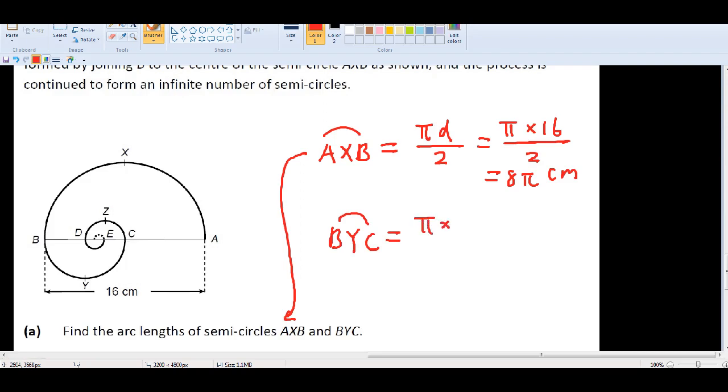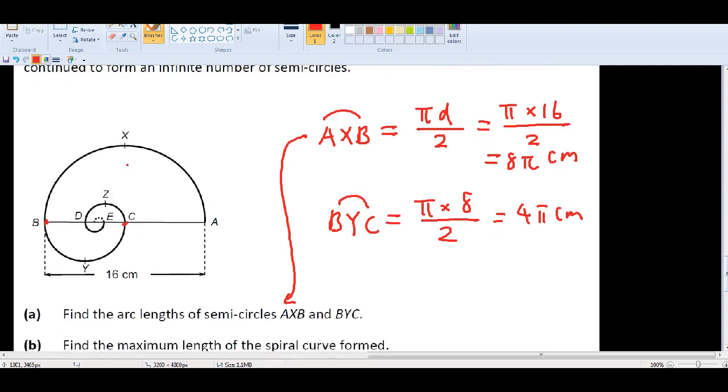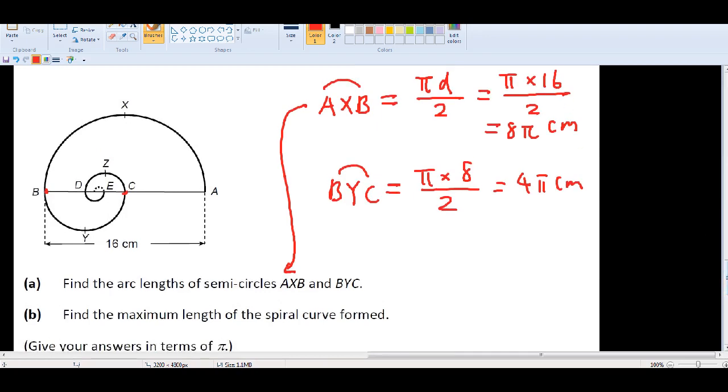Again, we're going to use the same formula, but this time, because the diameter is BC, which is half of 16, so becomes 8 divided by 2, becomes 4 pi cm. So let's see. The biggest is 8 pi cm. The second biggest is 4 pi cm. Do you see that they are decreasing?